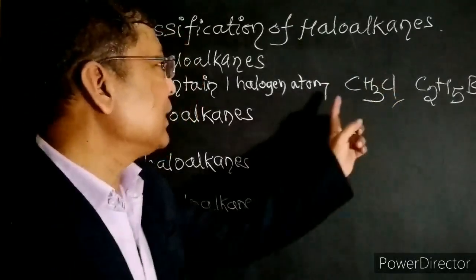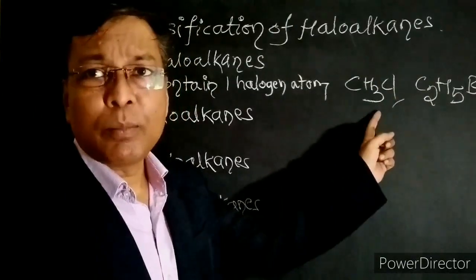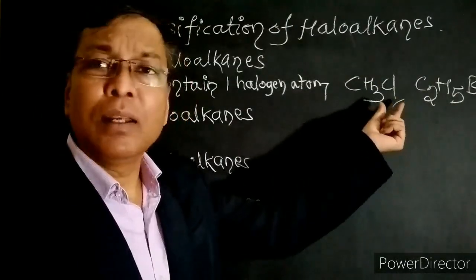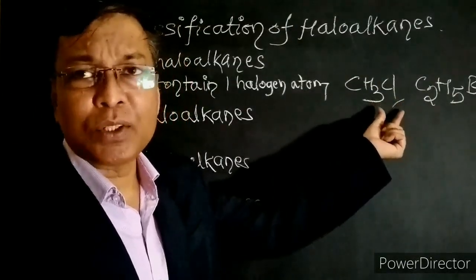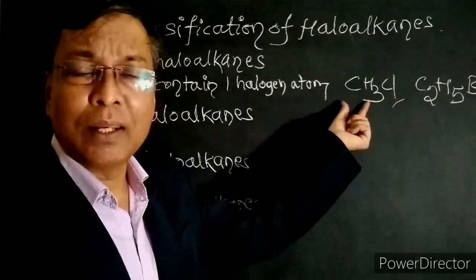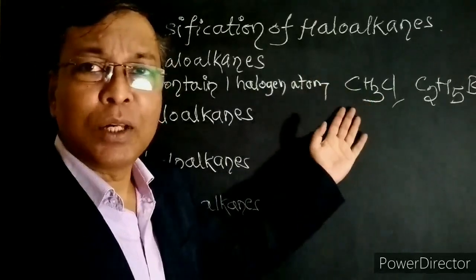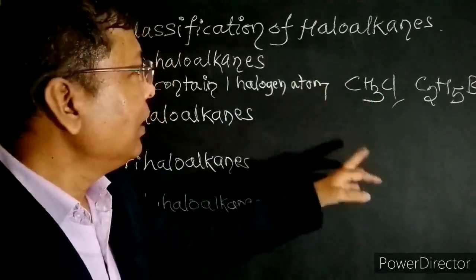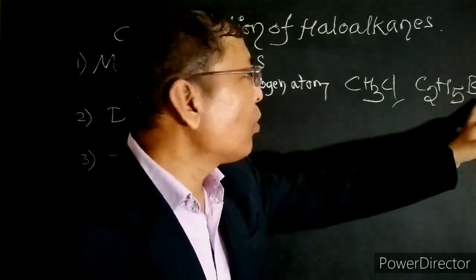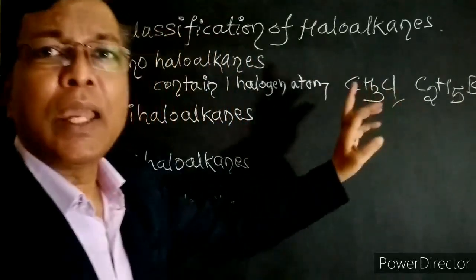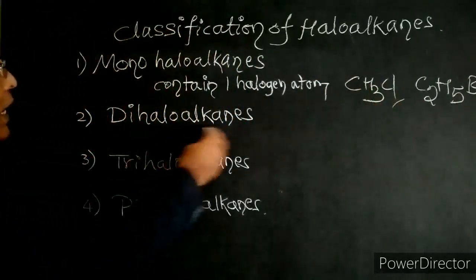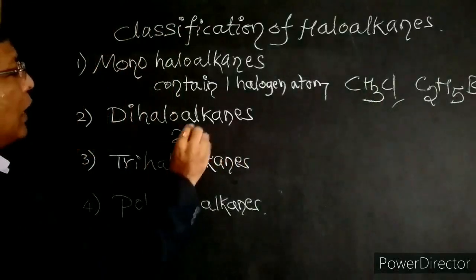If we say methyl chloride, that is the common name, and if we take the name of the halogen atom first, that is chloromethane, which becomes the IUPAC name. In nomenclature, we are going to learn all the rules in detail. This is ethyl bromide or bromoethane. Dihaloalkanes contain two halogen atoms.